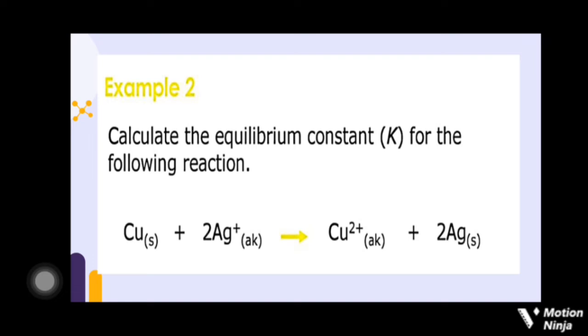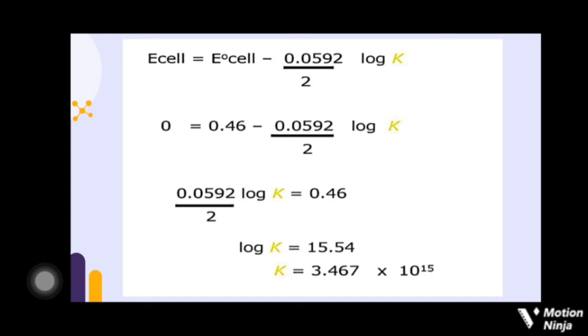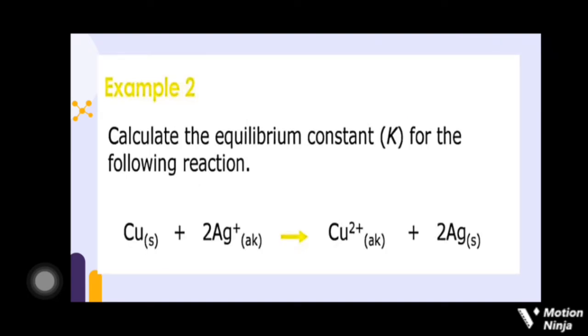So let's proceed to the example for you to understand it more. Example number 2. Calculate the equilibrium constant, or K, for the following reaction. Our elements are copper solid plus 2 Ag+ aqueous, producing Cu2+ plus 2 Ag solid.